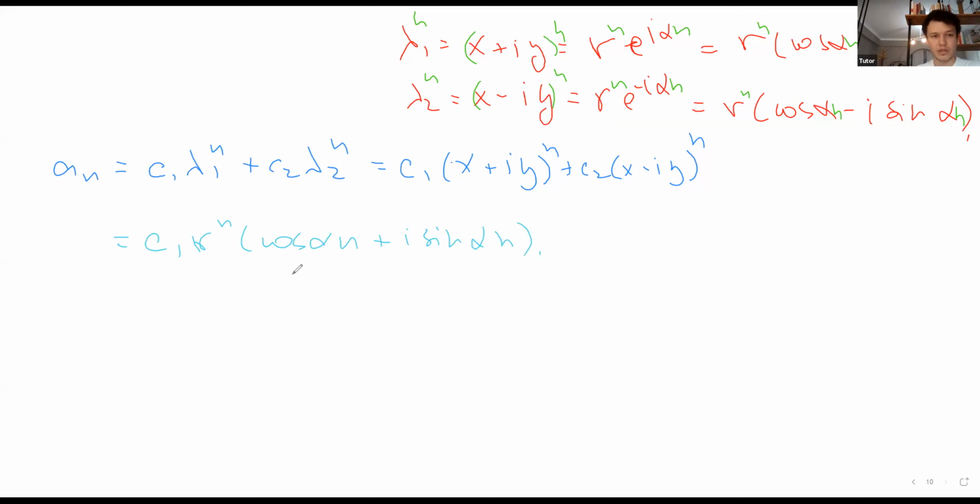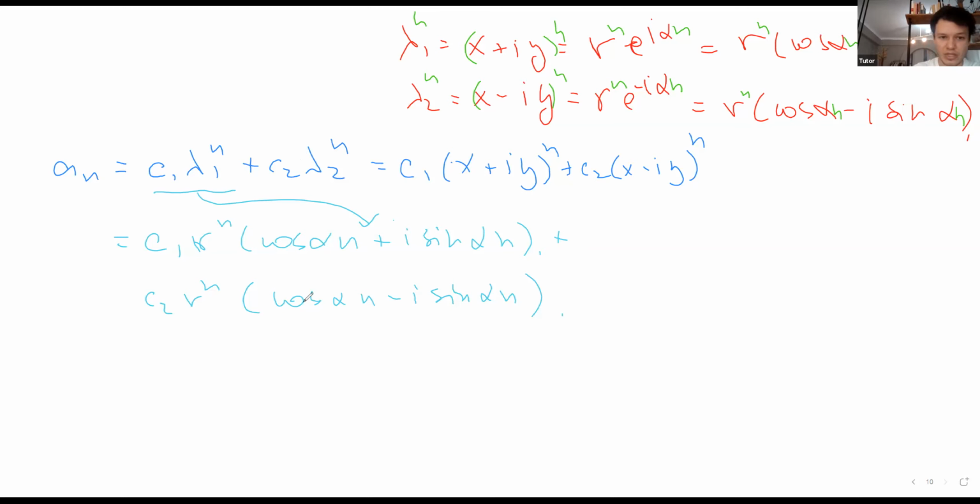This is the first term. The second term is plus C2, and again it's r to the n, but cosine alpha n minus i sine alpha n. Okay, so I got the first term and I got the second term. What's happening if I add them? Well, guys, look at this.